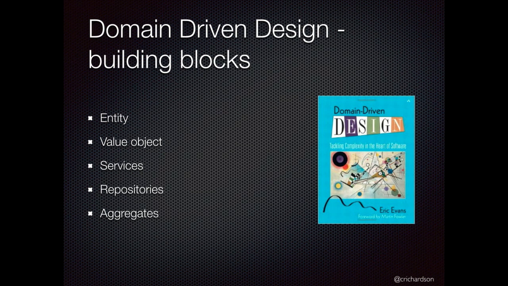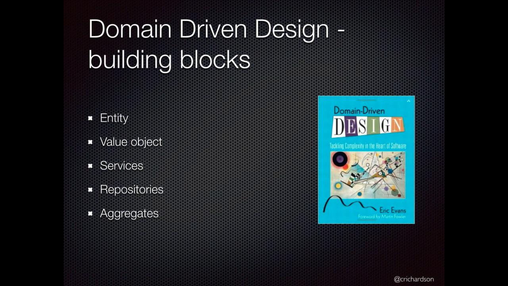There are value objects that are collections of attributes; they're immutable, and they can be used interchangeably. And we've got services that contain business logic that doesn't belong in an entity or a value object. And then there are repositories that are basically an API for retrieving entities from the database.